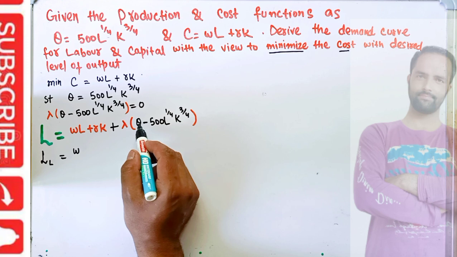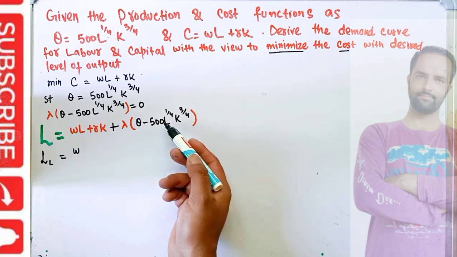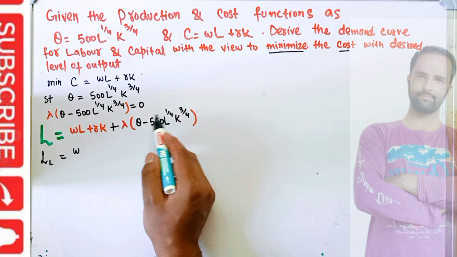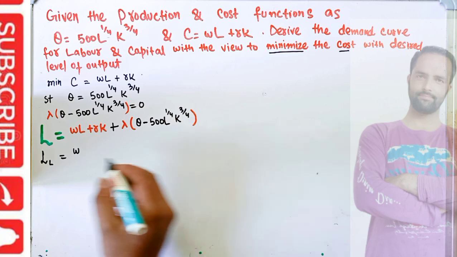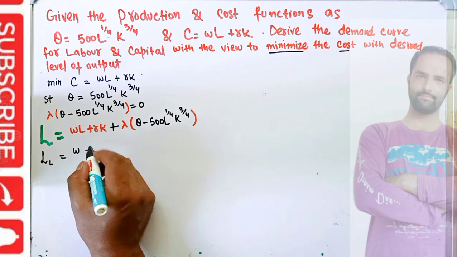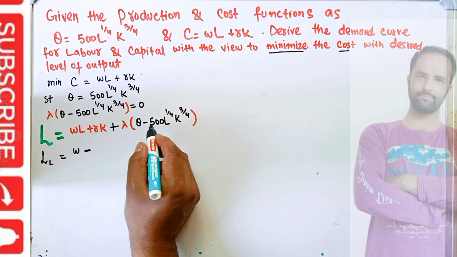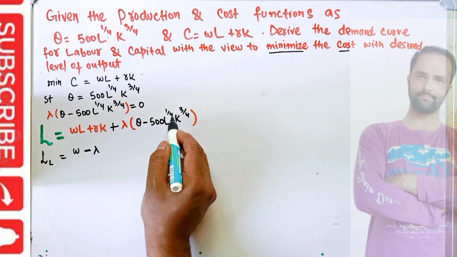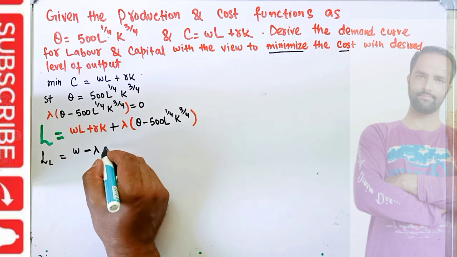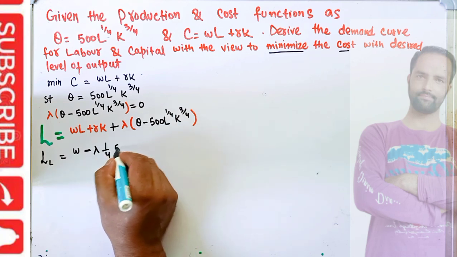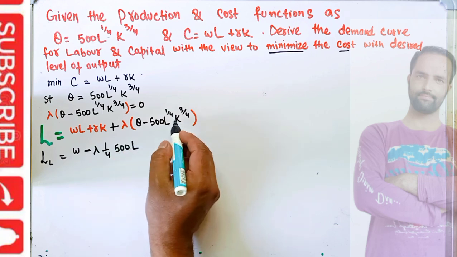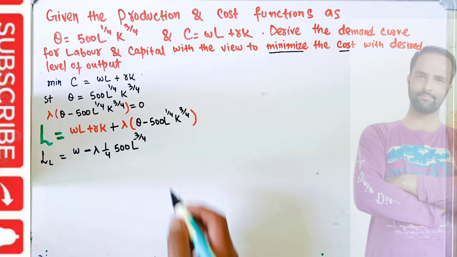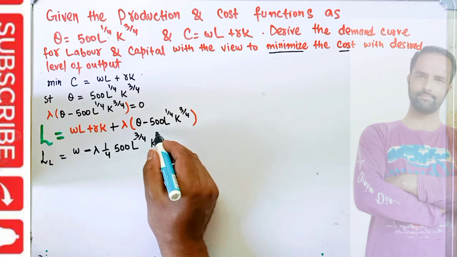The derivative of the last term becomes minus lambda times 500 times 1/4 L^(-3/4) K^(3/4).